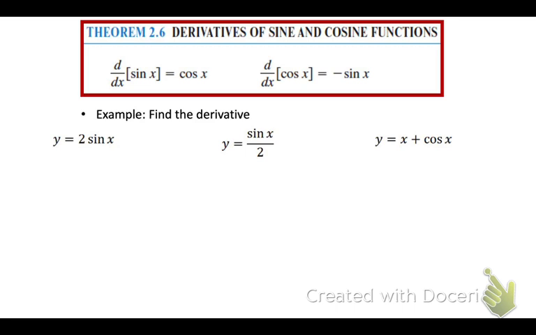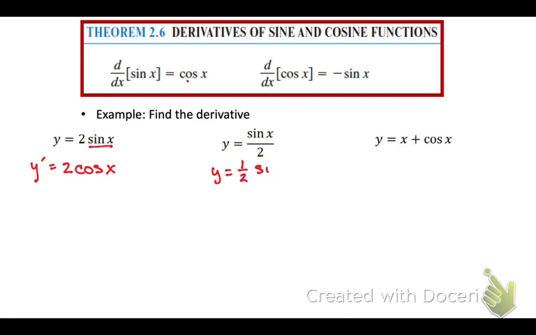Okay, so I have y equals 2 sine of x. Then y prime equals 2 times the derivative of sine, which is cosine x. What do I do with the 2?